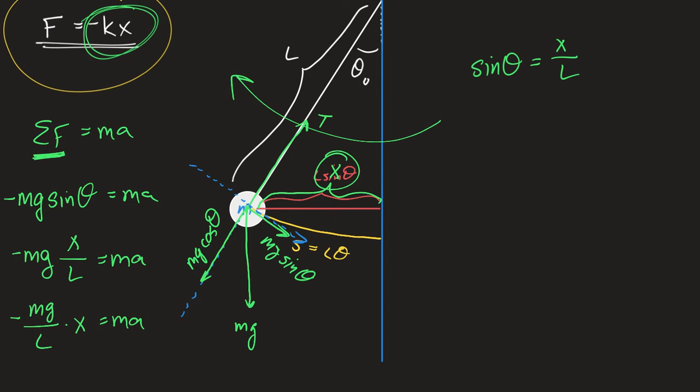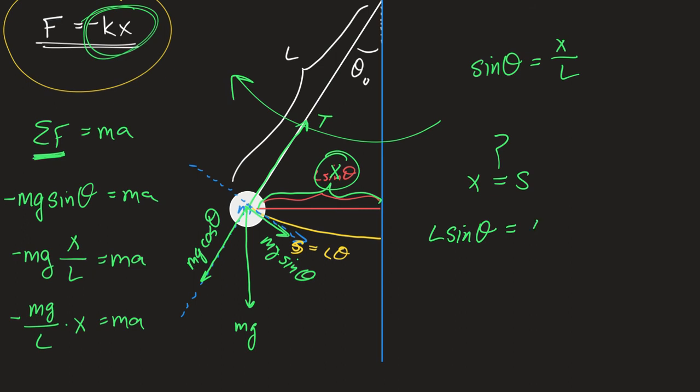Our actual object doesn't travel along x. It travels along s, the arc length. The question is, are these two things equal? X is L sine theta.